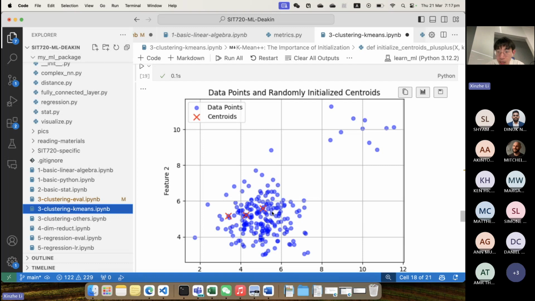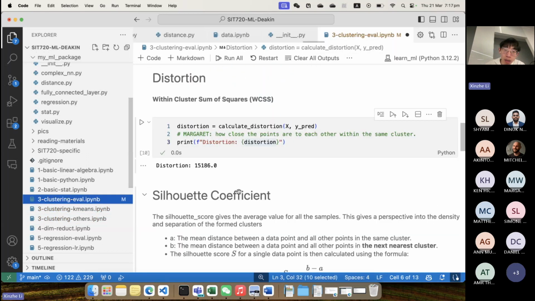For this cluster, the distortion score will be much smaller, right? Because it's in the center. It's relatively close to all the data points on average, right? Compared to a centroid here. Then you calculate the distance between the centroid and each data point. That is the distortion score.